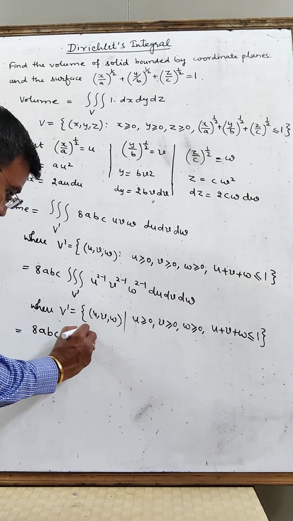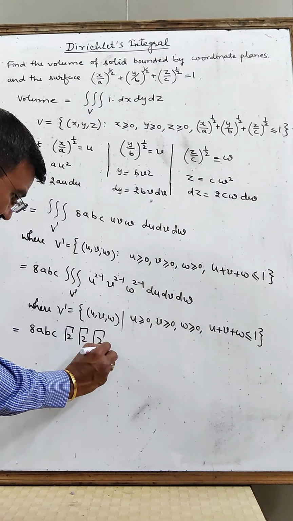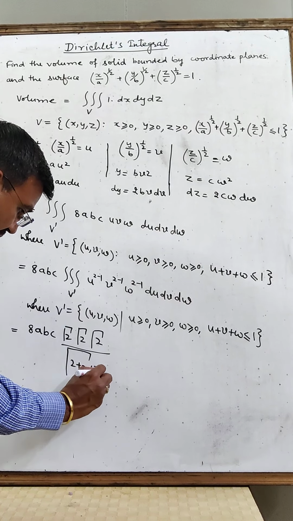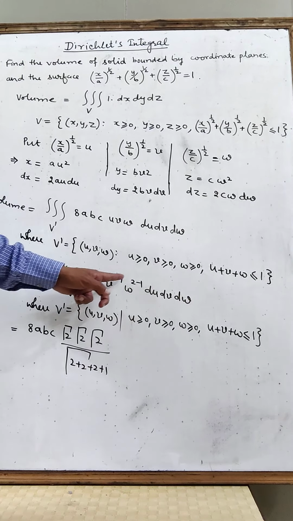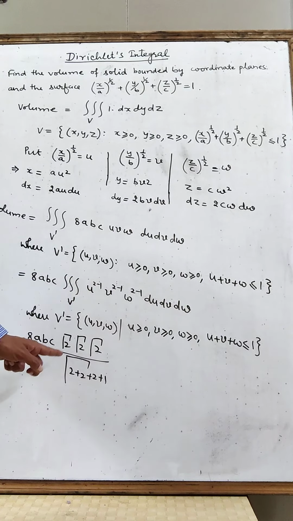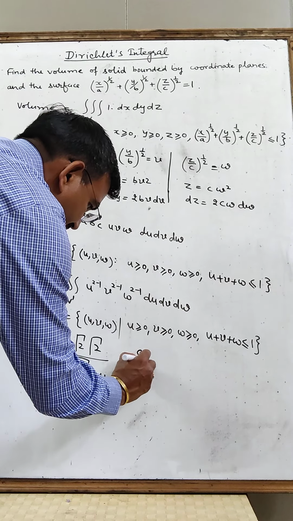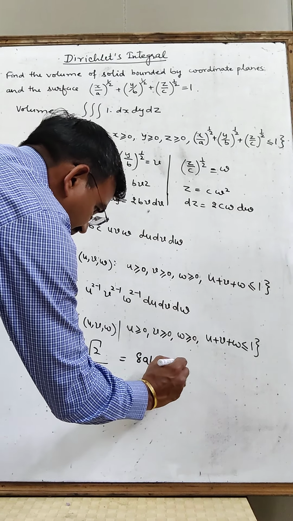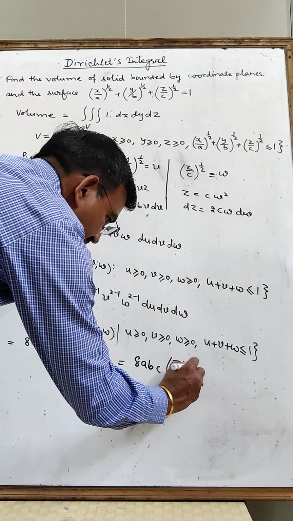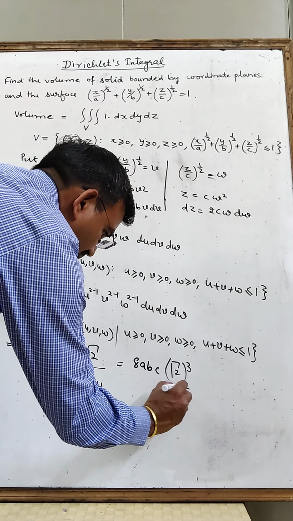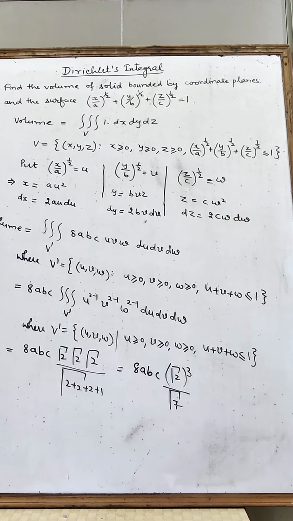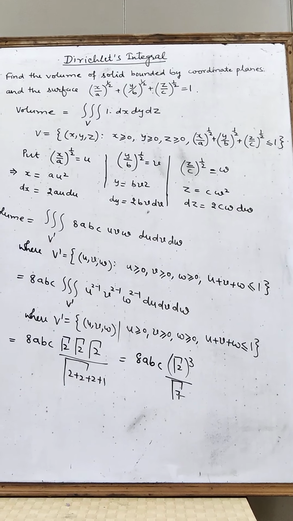It would be equal to 8abc Gamma(2) Gamma(2) Gamma(2) over Gamma(2+2+2+1), as here all three exponents are 2. So it would be equal to 8abc times Gamma(2) cubed over Gamma(7). We can find the value of Gamma(2) and Gamma(7).